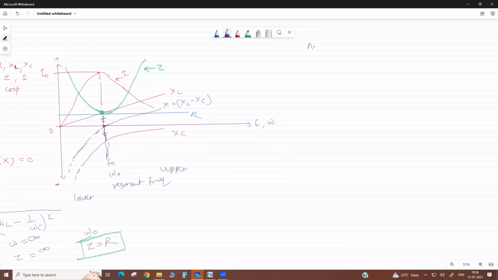It means under resonance, first XL equals XC, or omega L equals 1 by omega C. Taking omega to this side, omega square equals 1 by LC.